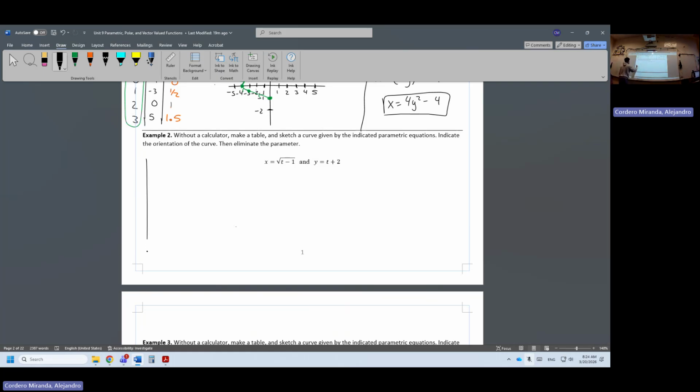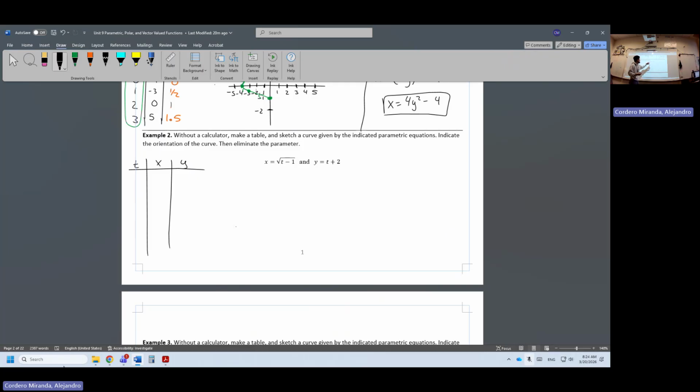Same thing. I make a three-way table. It says T, X, and Y. Oh, I forgot that this one doesn't tell you where T ranges from. And it should, that's a typo. That's not something you have to figure out.